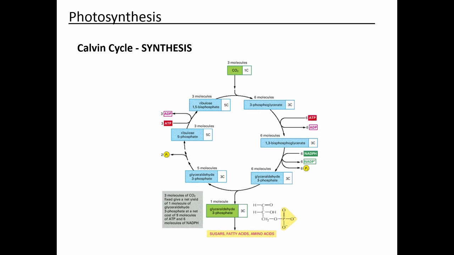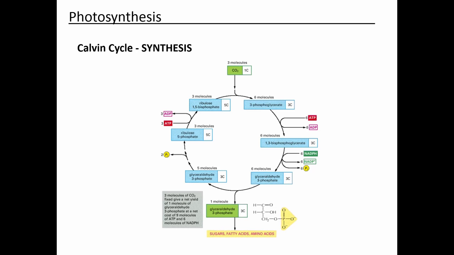Okay, what we're going to see then is that the other 5 continue on in the cycle. So 1 can leave and be used to make an organic molecule. And then the other 5 are going to continue on in the last stage of the Calvin cycle, which is the regeneration of ribulose bisphosphate.